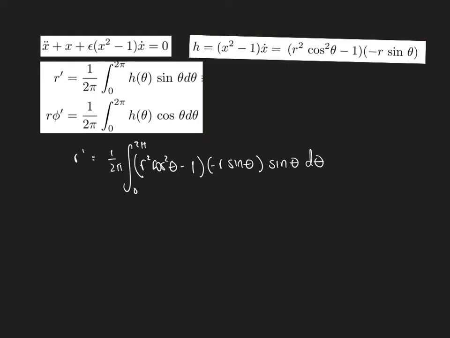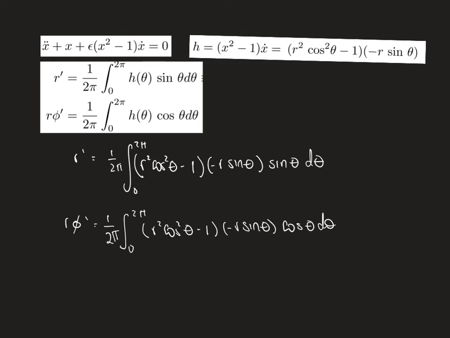So we have to solve this equation, and the other equation is going to be r phi prime, so the same thing. Okay, and then we get this, so it's the same, but now we are multiplying with respect to cosine of theta in here. Now we have to solve these equations.